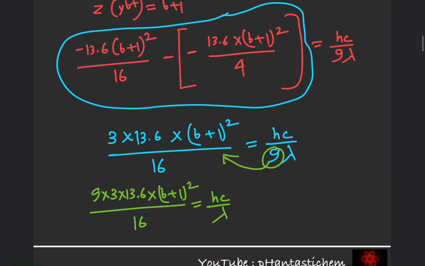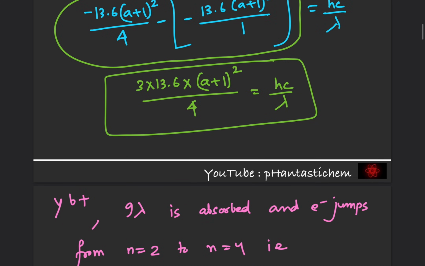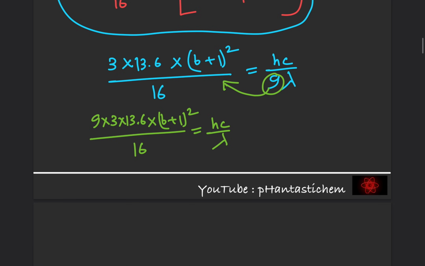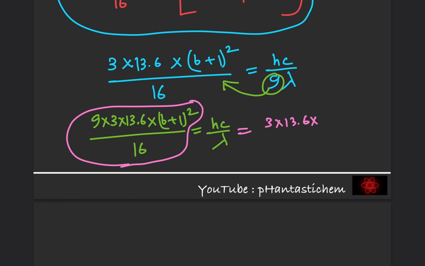We have found the value of hc by lambda already, that is this. So I can substitute the value of hc by lambda here. Therefore this whole thing will be equal to 3 into 13.6 into A plus 1 whole square divided by 4.